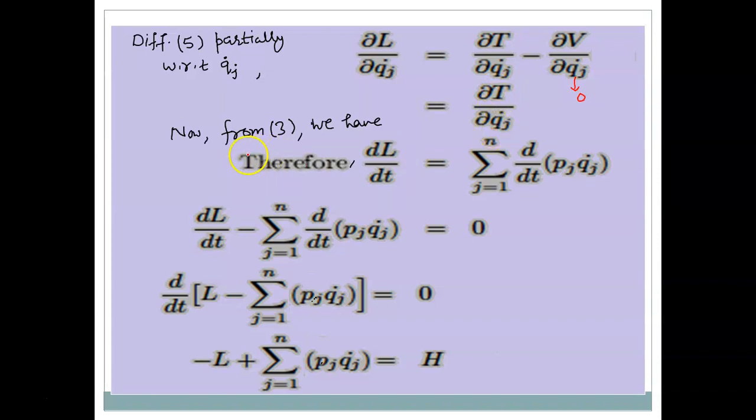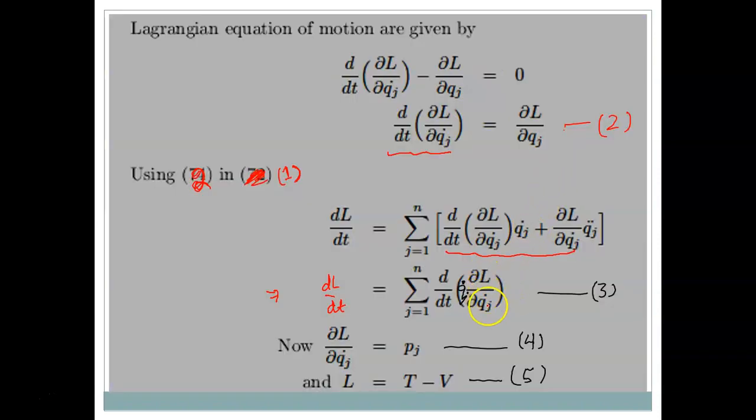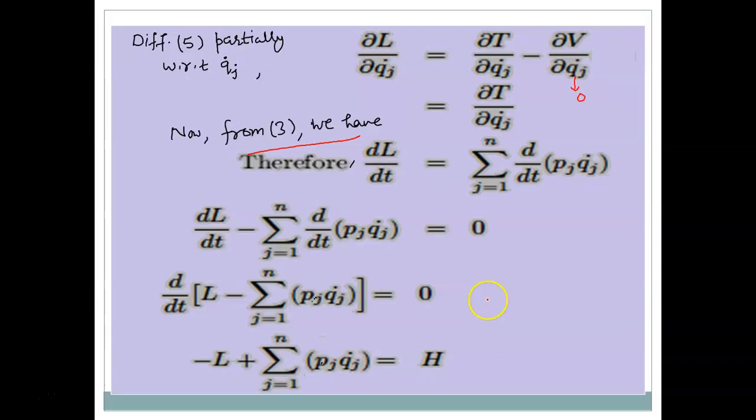Now from equation 3 we have d by dt of del L by del Qj dot equal to this quantity, because as I told you, here del L by del Qj dot means Pj. So here you can write d by dt Pj Qj dot. So this is the value of dL by dt. Now take this summation on the left hand side, the minus of this quantity equal to 0, and you can take d by dt outside.